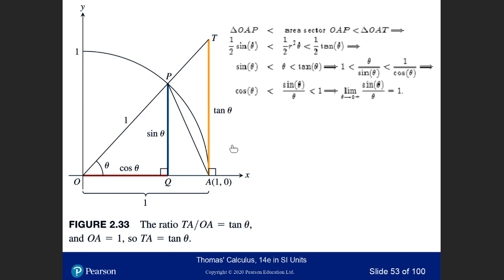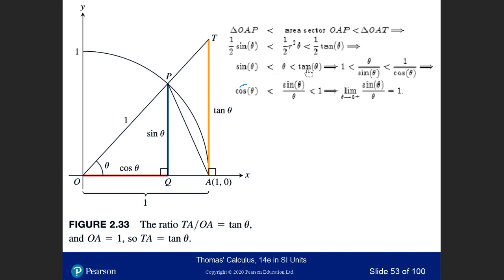Now let's look at triangle OTA. The base is 1 and the height is tangent theta. It's clear from the figure that the area of triangle OPA is less than the area of sector OPA, which is less than the area of triangle OTA. These inequalities hold, and we can cancel out the 2's.